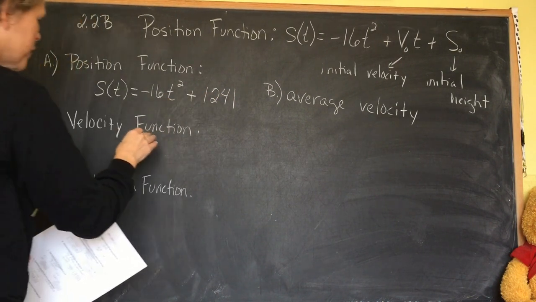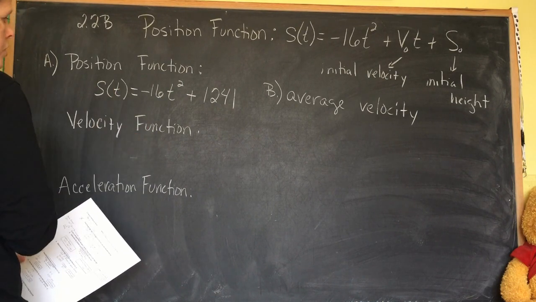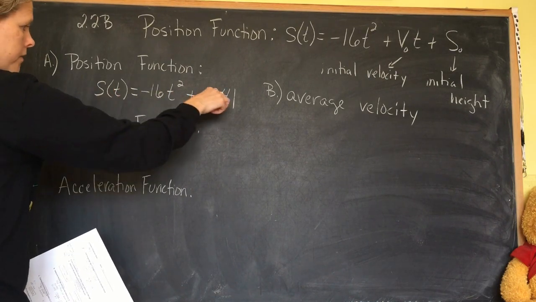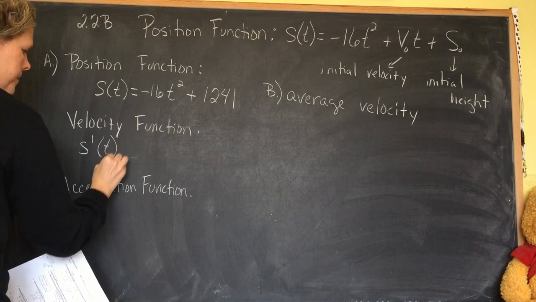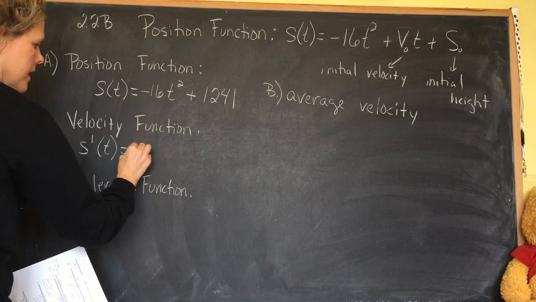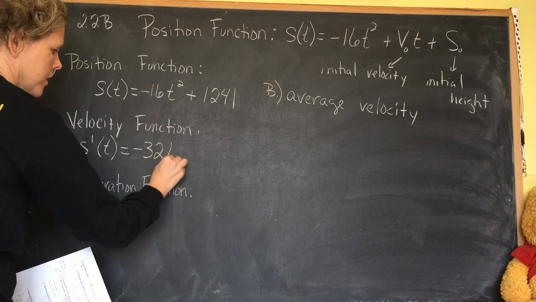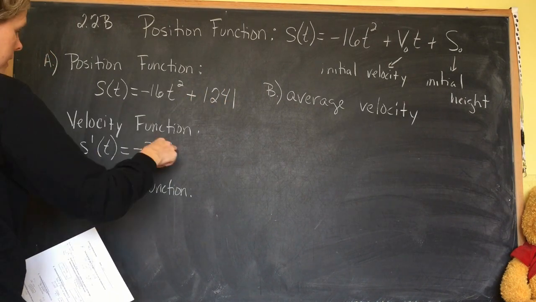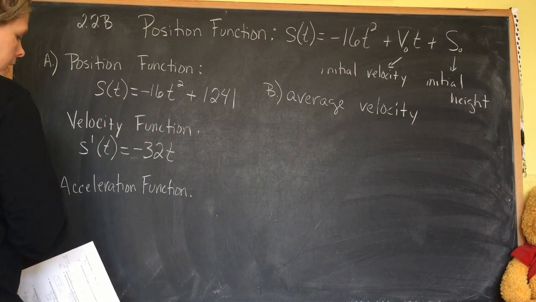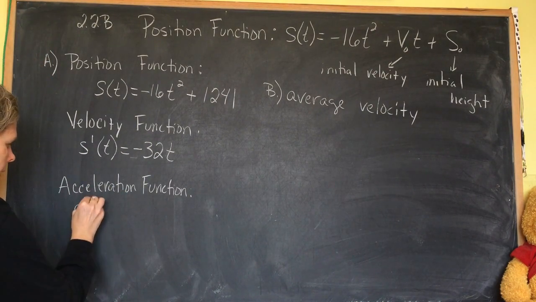The velocity function is really just the derivative of the position function. So if I take the derivative of this using your power down rule, I'm going to do s prime of t. Now it's a negative, if I power that down, becomes negative 32t to the first. That 1241 gets eliminated. So that's it. There's your velocity function. Now your acceleration function is just an added little part here.